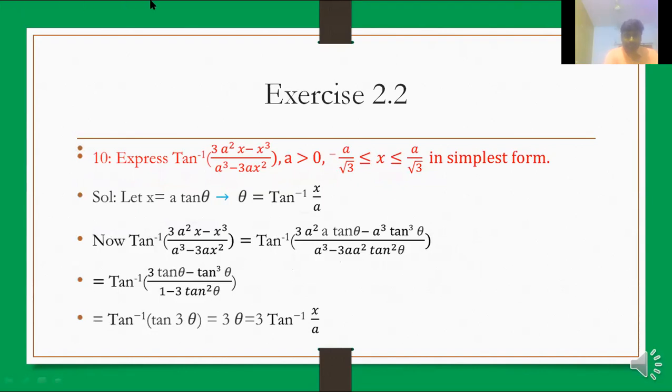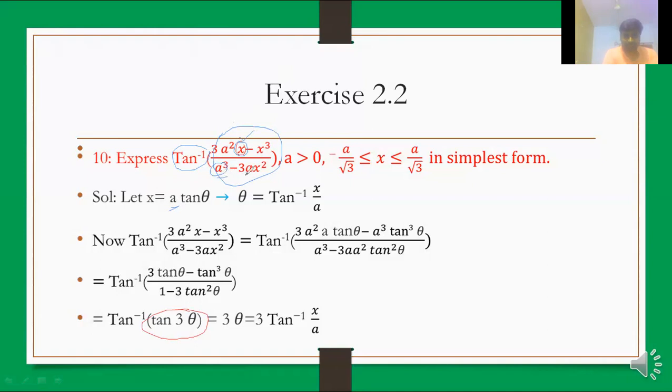See here, if you substitute anything in place of x, the a must be cancelled first, because outside tan inverse, inside also we should get some result in tan. That's why, whatever you substitute in place of x, tan must be there and a also must be there, because a must be cancelled finally with this denominator.